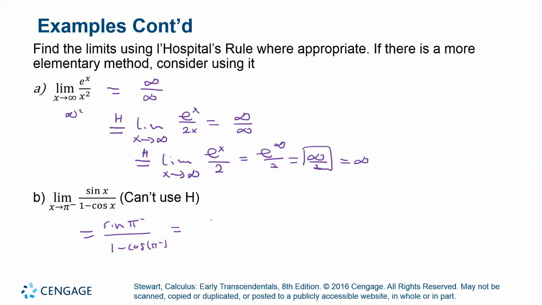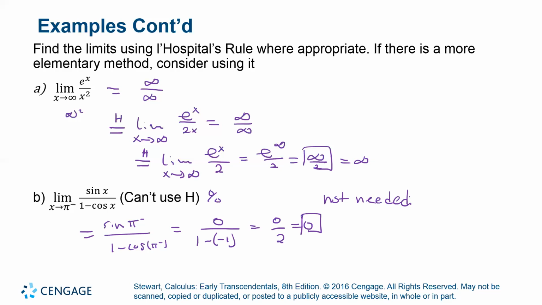The sine of pi is 0. And then we have 1 minus 1, because cosine of pi is actually negative 1. So this gives me 0 over 2, which is 0. So you can see that if I substitute and the result was 0 over 0, that is when I will apply L'Hopital's rule. So here, L'Hopital's rule is not needed.